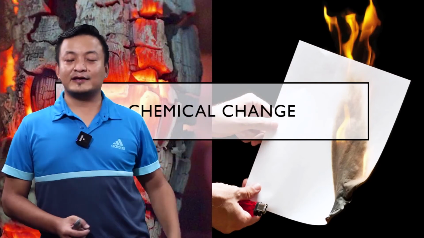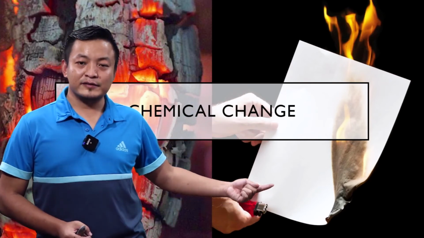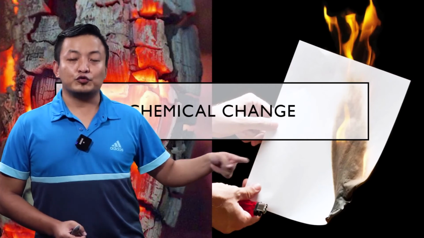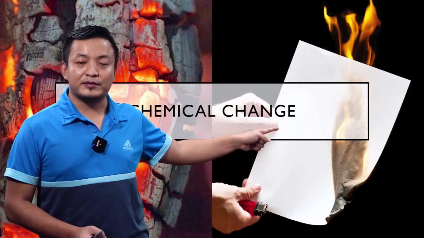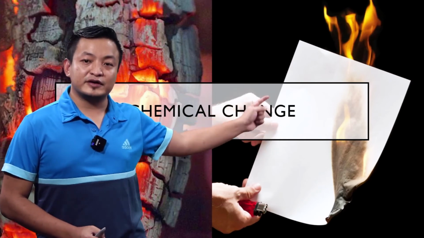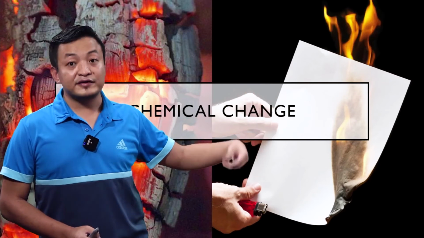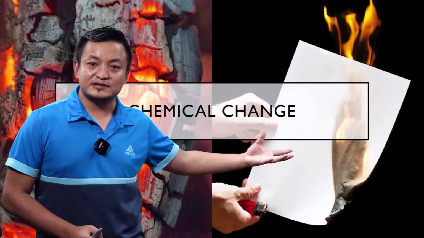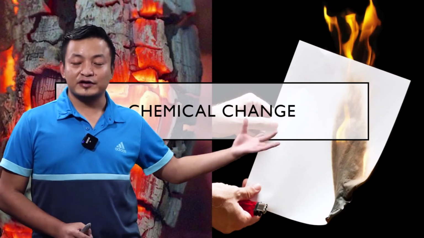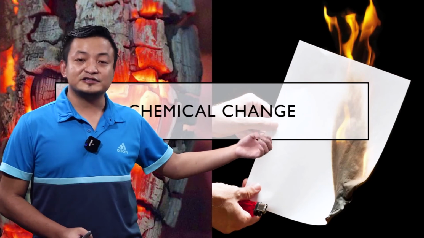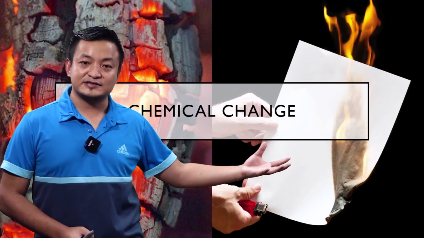Do we get the paper back? No, we do not get the original paper back, because after burning, it has changed to another substance. That means we got a new substance. Okay, so here a chemical reaction takes place. In a chemical change, a chemical reaction takes place.